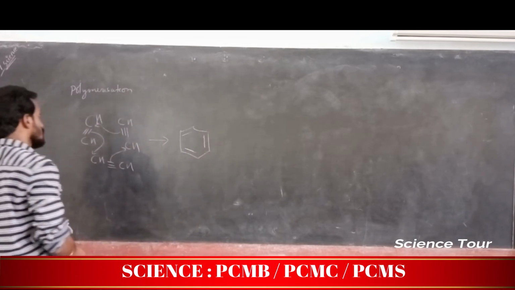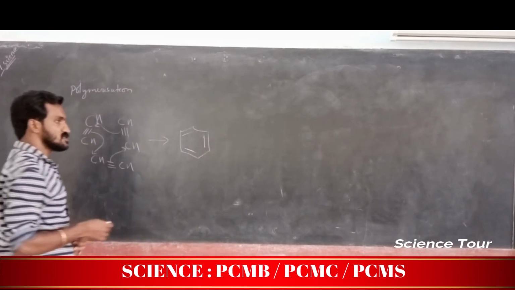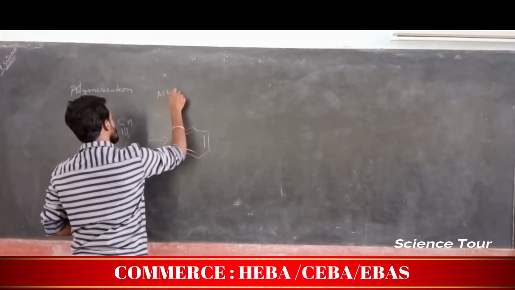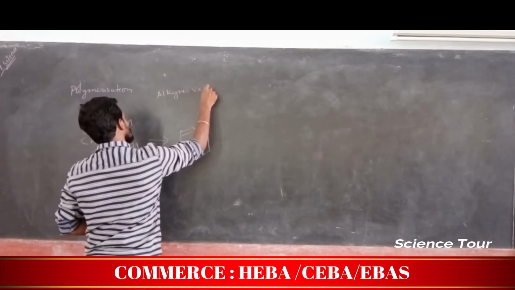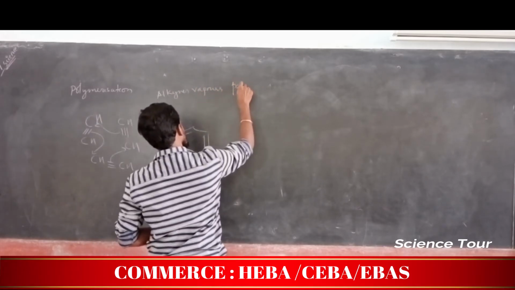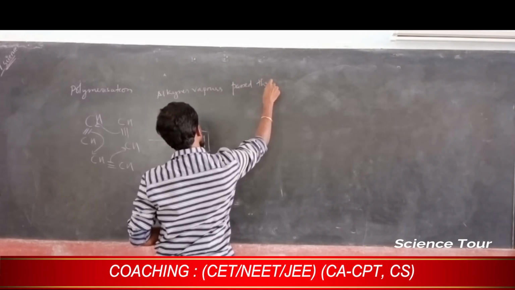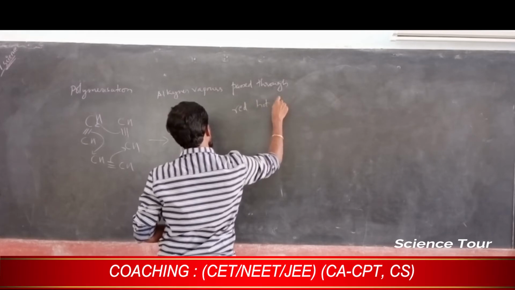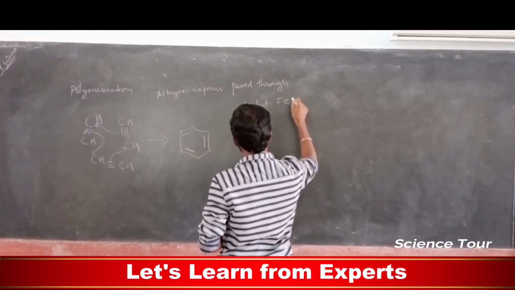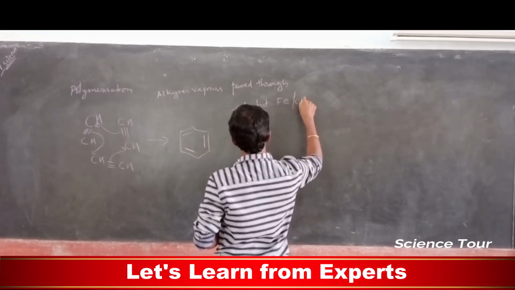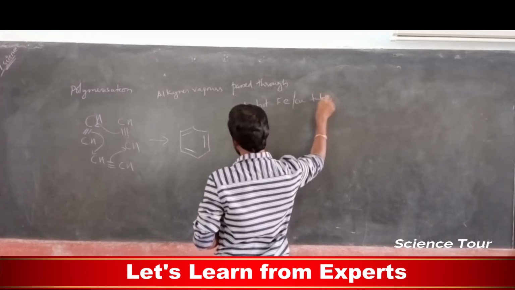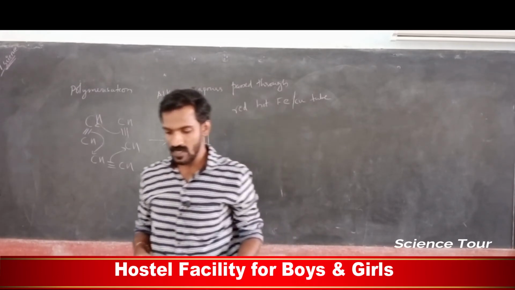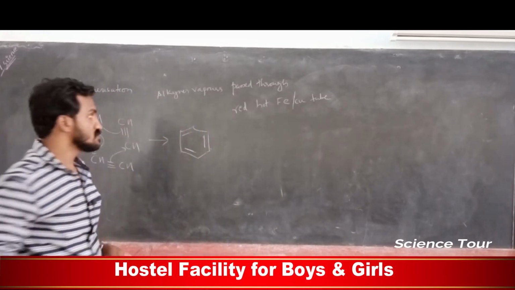So what we are doing in this is that 3 molecules of acetylene or alkyne, alkyne vapors, pass through red hot iron or copper tube, and it gives aromatic benzene at 500 degree Celsius.